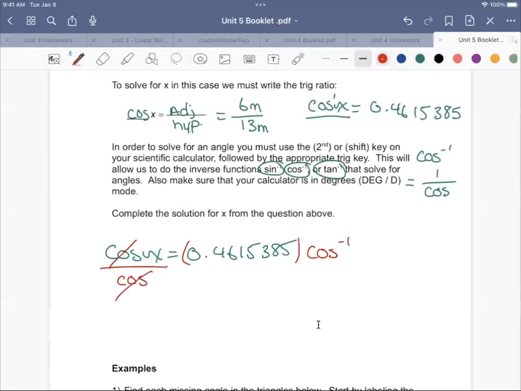That was my bad. And I get x is equal to about 62.5.